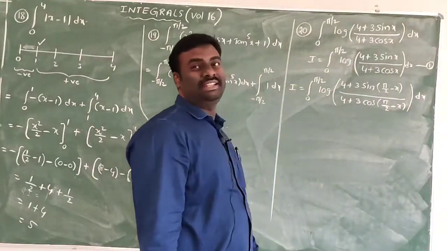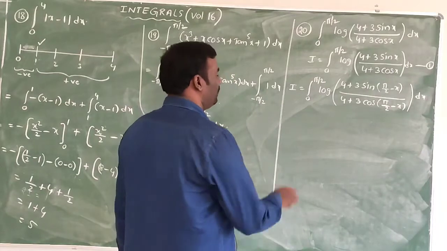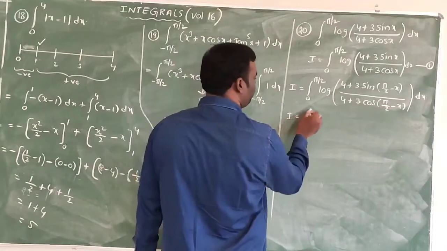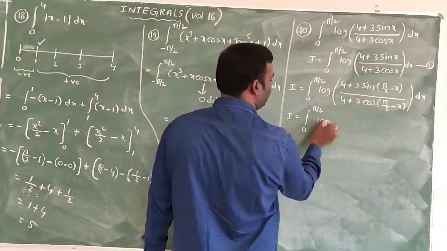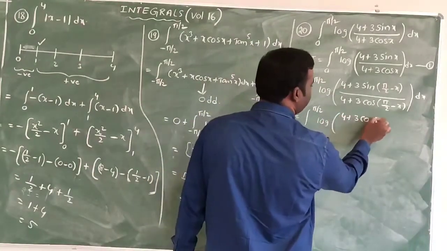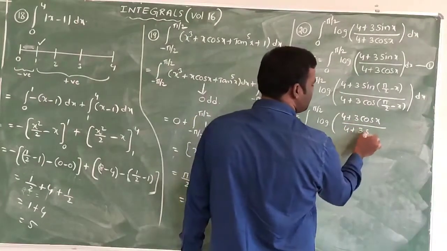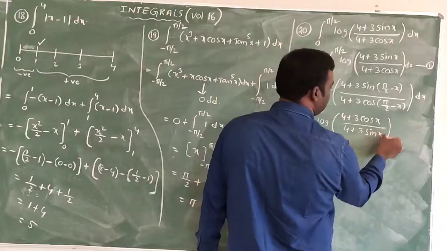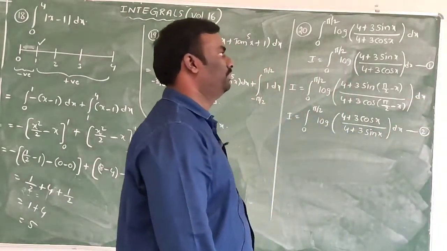Sin of 90 minus theta is cos theta, and cos of 90 minus theta is sin theta. Then I equals integral 0 to pi by 2 log of (4 plus 3 cos x) by (4 plus 3 sin x) dx. It is equation number 2.